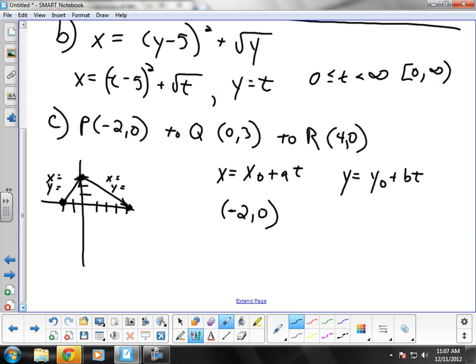And we need the slope. Our slope for this line is 3 over 2. So my x is my original x plus the part of the slope that has to do with x, which is 2 times t.